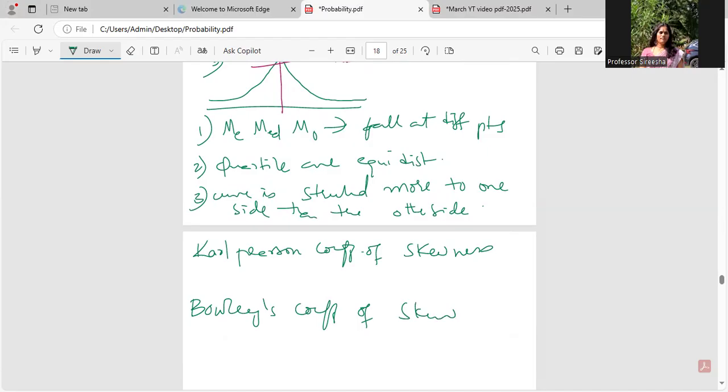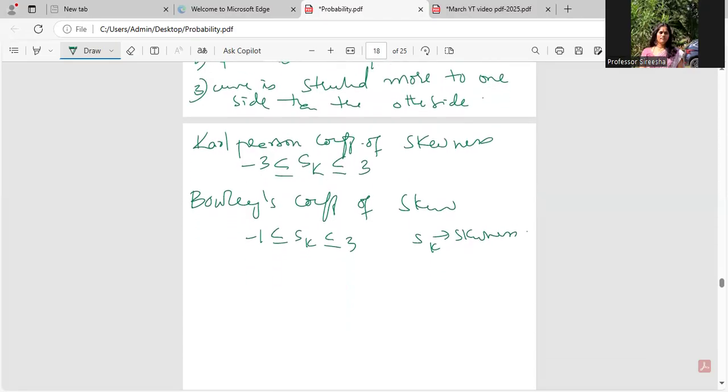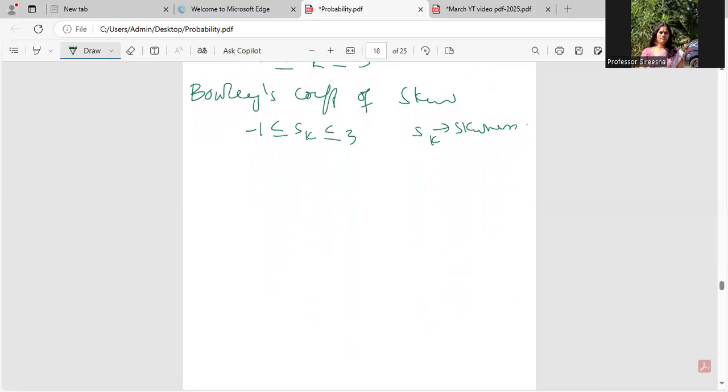The limits for Karl-Pearson are -3 less than or equal to SK less than or equal to 3, skewness usually denoted by SK. Bowley's is -1 less than or equal to SK less than or equal to 1. In the next video, we will see the formulae for Karl-Pearson and Bowley's coefficient.